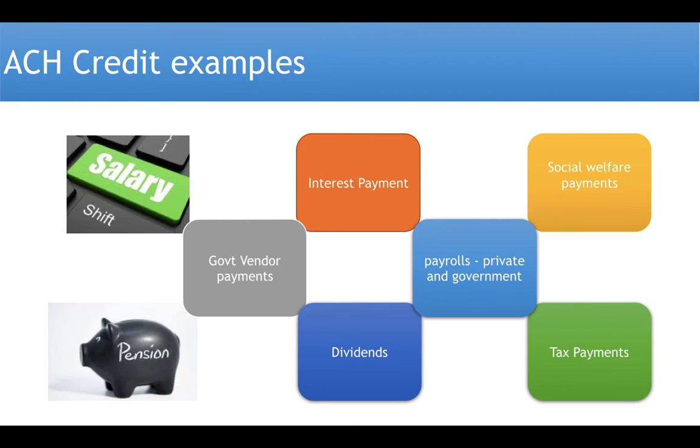Then interest payments in your account, whether it is your PF account or any other account, or whatever social schemes you have, those payments, payroll for private and government, dividends, or tax payments. These are a few examples of ACH credit happening in today's payment cycle. Okay, so these are the basic examples of ACH credit.